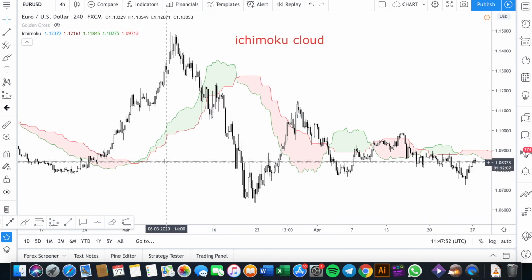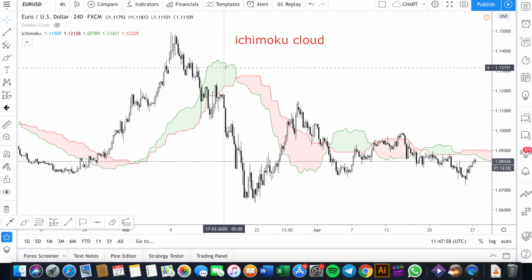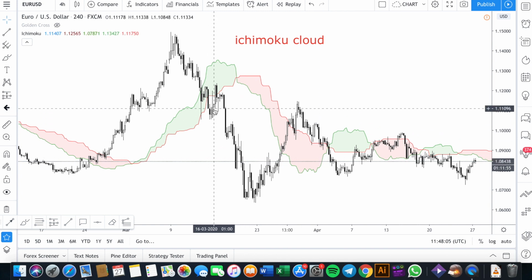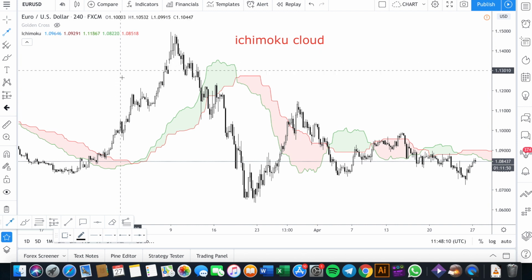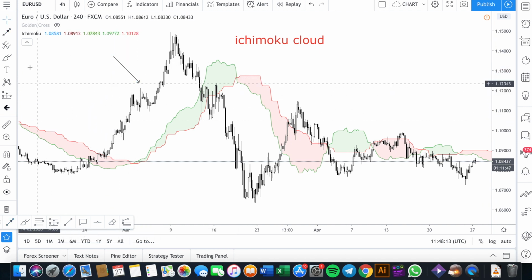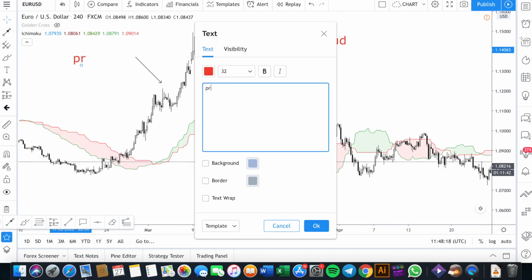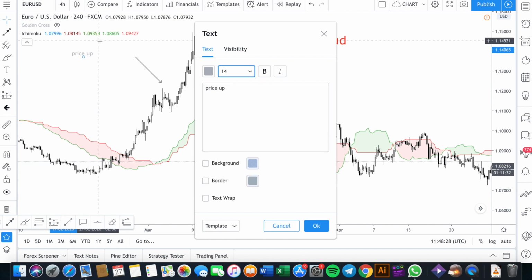So here, you can spot that that's an uptrend. The cloud gives us a clue that the trend is going up. The other one is of course going down. I'm going to add some colors into it.